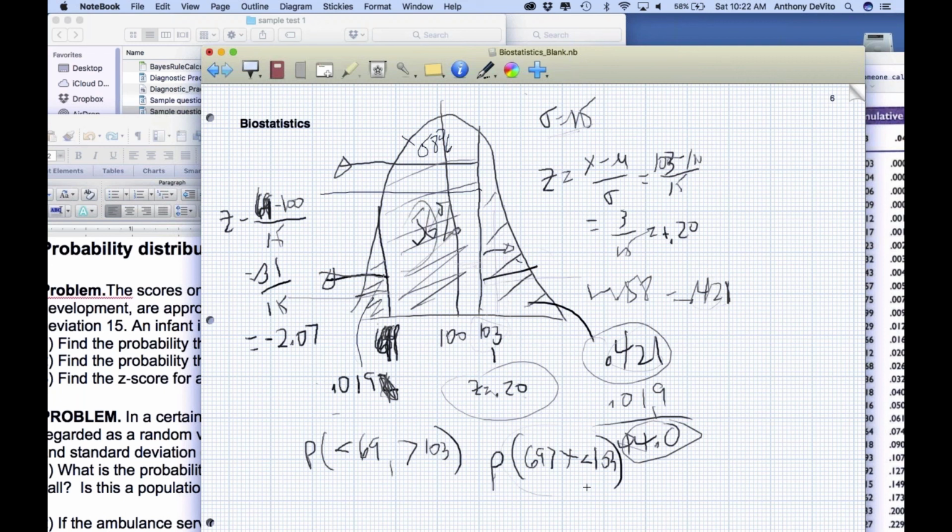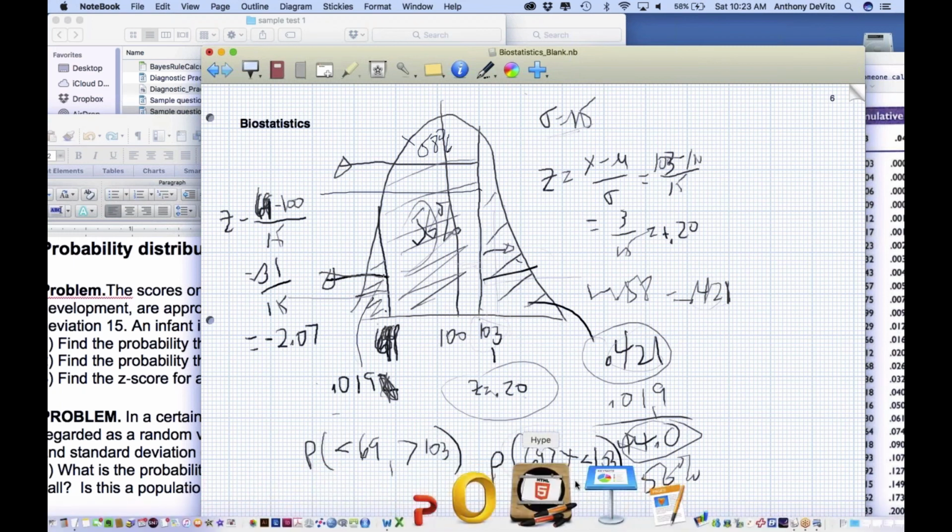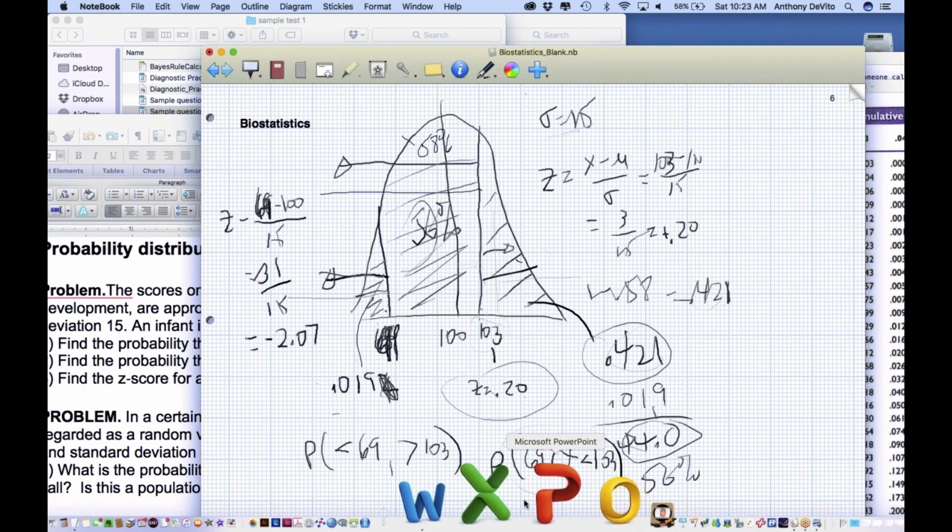So 56% would represent the probability of a PDI score being between 69 and 103. Now, every one of these problems is going to be different, yet every one of these problems is going to be the same. Now, I want to go to Excel for a moment.